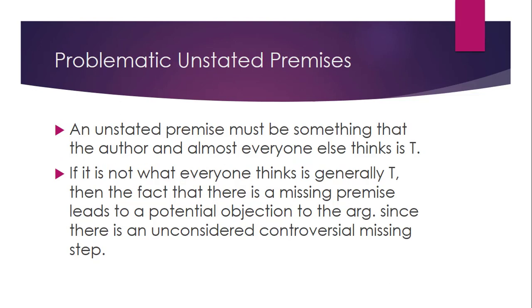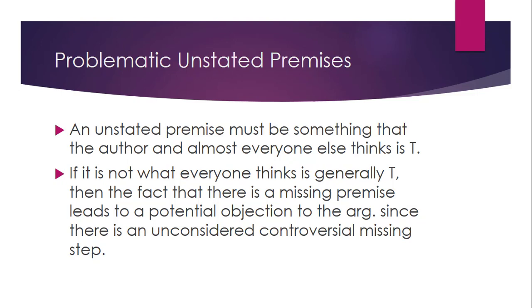Okay, so next, let's discuss problematic unstated premises. An unstated premise must be something that the author and almost everyone else thinks is true. So once again, people, when they give arguments, a lot of times they have unstated premises.